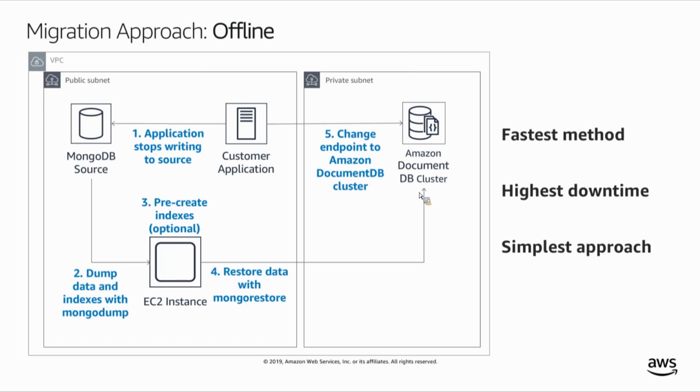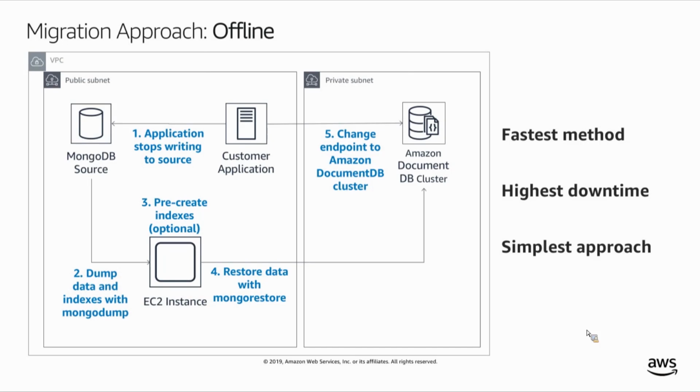You can create an R5 24x large as your primary instance, restore your data to it to get the fastest possible restore, and then just use the normal DocumentDB instance replacement process to scale back down to the 4x large that you needed, in order to get your data into DocDB as quick as possible. And then once your data is there, you simply change the endpoint to point to your DocumentDB cluster, and you've now migrated.